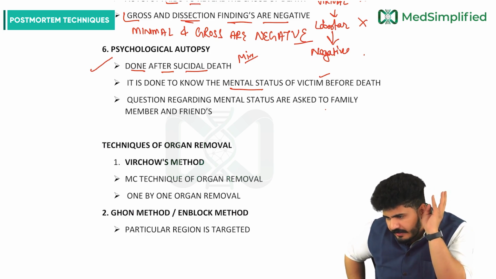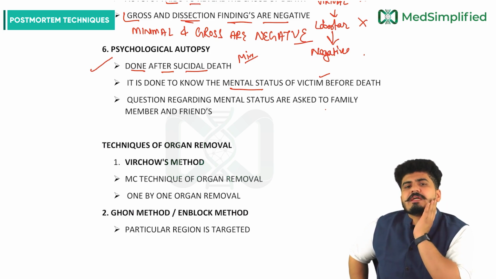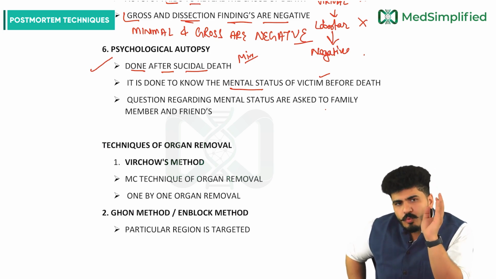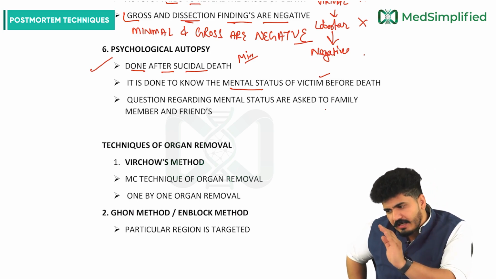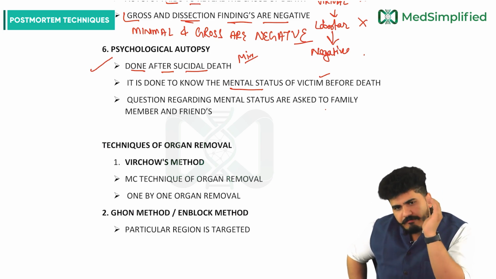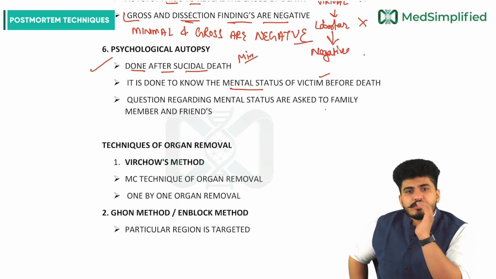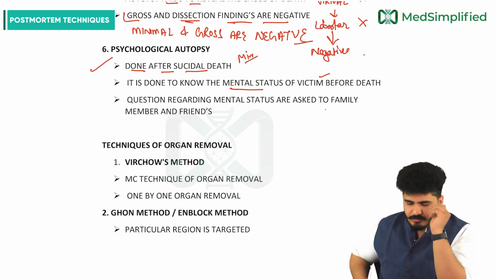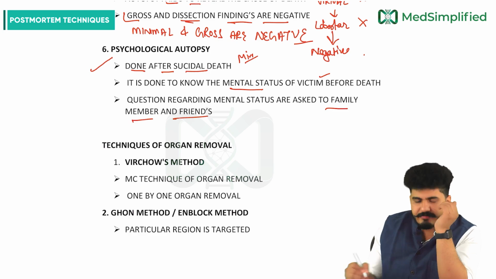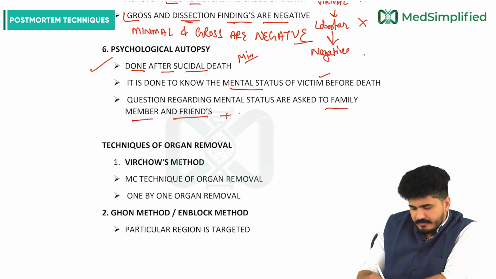How was the environment at home where he was living? How were the relations with the family members, with the friends, etc.? So questions regarding mental status are asked to the family members and the friends plus society.